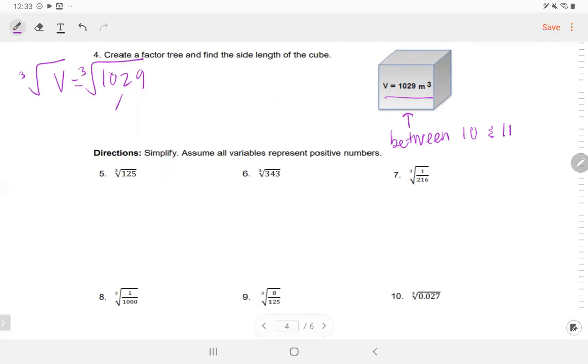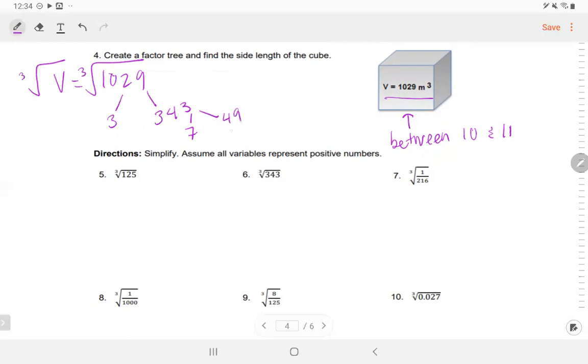So I know that if I were to divide 1,029 by 3, I'm going to get 343. If I were to divide 343 by 7, I'm going to get 49. We know that 49 is just 7 times 7. So if you will notice, I have 3 7s and then I just have 1 3.